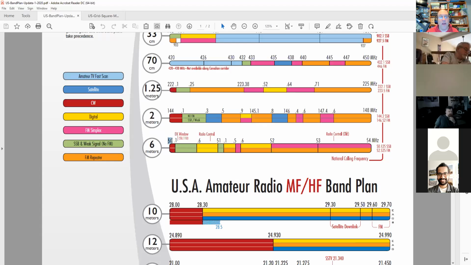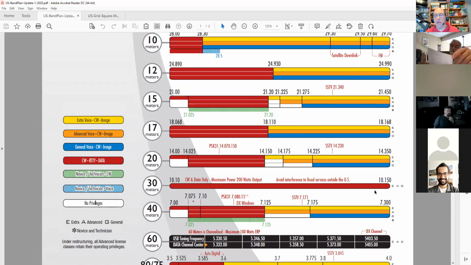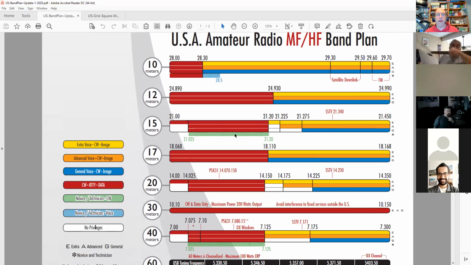Up here on the 6-meter band, notice we have those little red stripes, 6 meters and 2 meters. Those are Morse code only by FCC law. If you are operating as a technician class operator down on the HF bands, and the limits on HF again are from 3 to 30 megahertz, if you are operating in one of these areas where you have a T or the star, that means you're allowed to operate there.